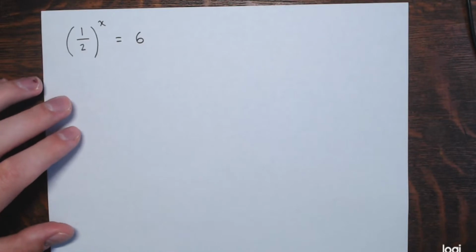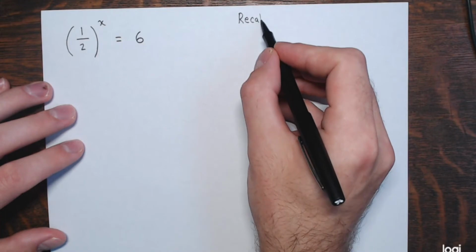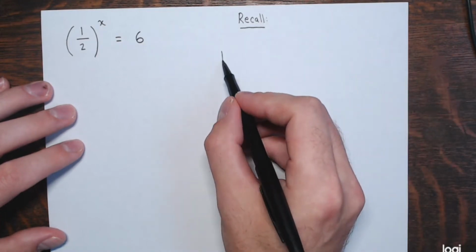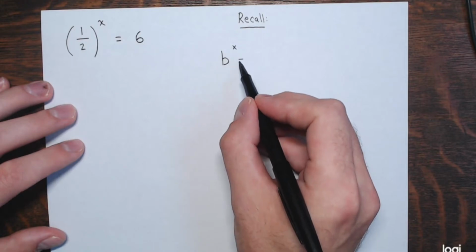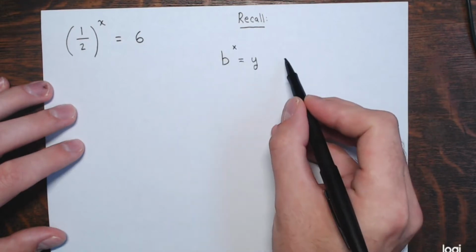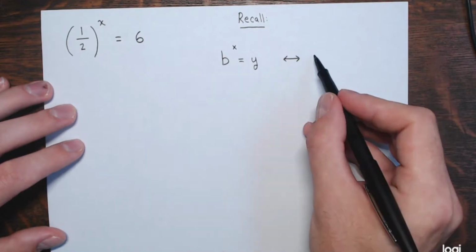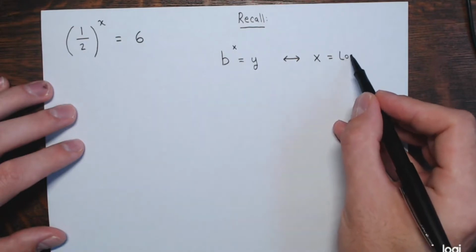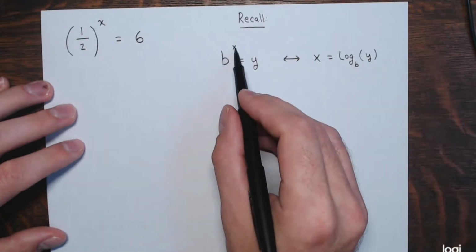Alright, so again, the key is, hopefully you remember this. I haven't written it in a little while, but going from exponential form, say b to the x equals y, that's equivalent to saying x, the exponent, equals the logarithm of y with a base of b, the base on that exponent.